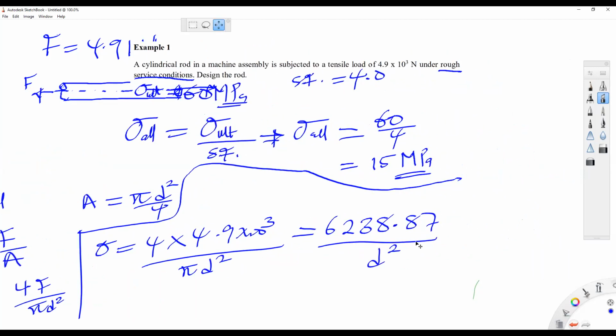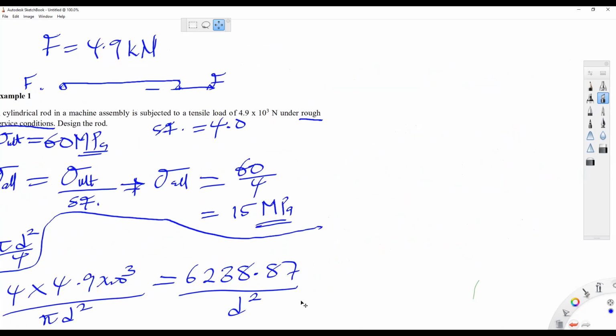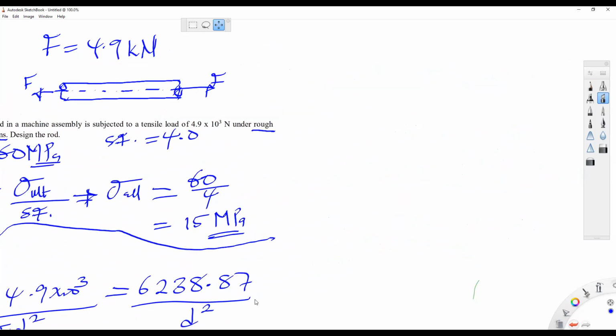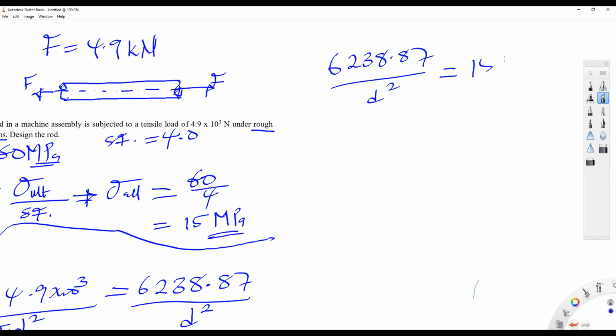So if that is the case, we have that value, 6238.87 on d square, equal to the allowable shear stress, which is 15 times 10 exponent 6.